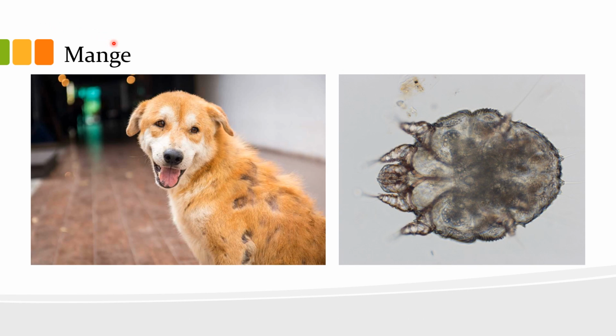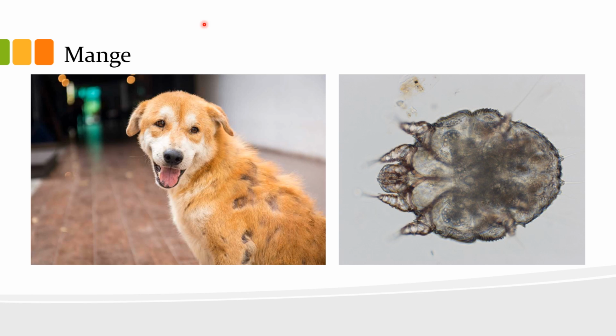Another group of parasites that is transmitted by direct contact is the mites. The mites cause the condition known as mange. Mange is a contagious disease characterized by crusty or scaly skin, pruritus, and alopecia.